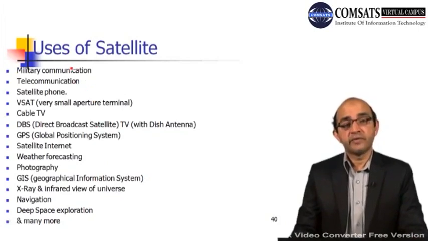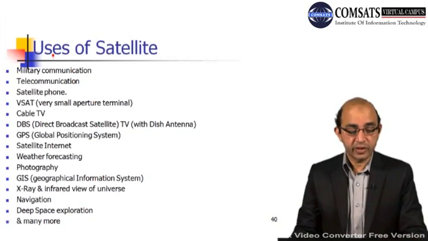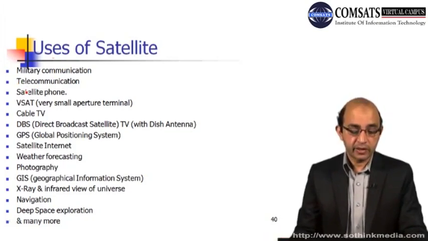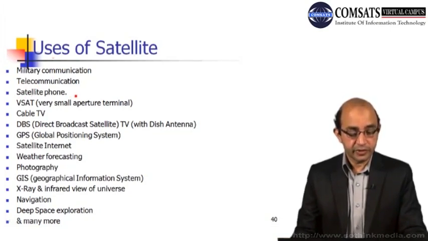So here are different uses of satellites. We can use the satellite for military purposes, and also for telecommunication, and then there are satellite phones we have nowadays, for example Thuraya. Then we have VSAT, very small aperture terminal, cable TV, digital broadband satellite with dish antenna.